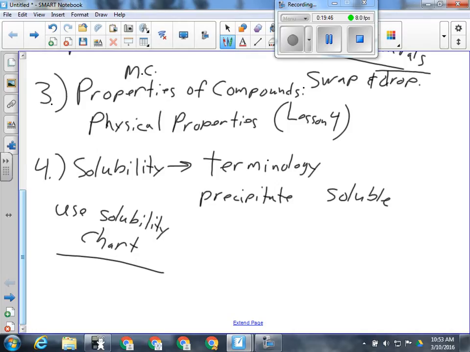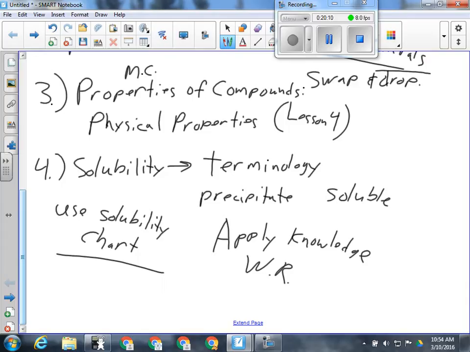Also, there's going to be an apply your knowledge question in the written response about solubility. There's one in your practice test that's kind of like that, where it's asking you to apply what you know about solubility to solve a problem.